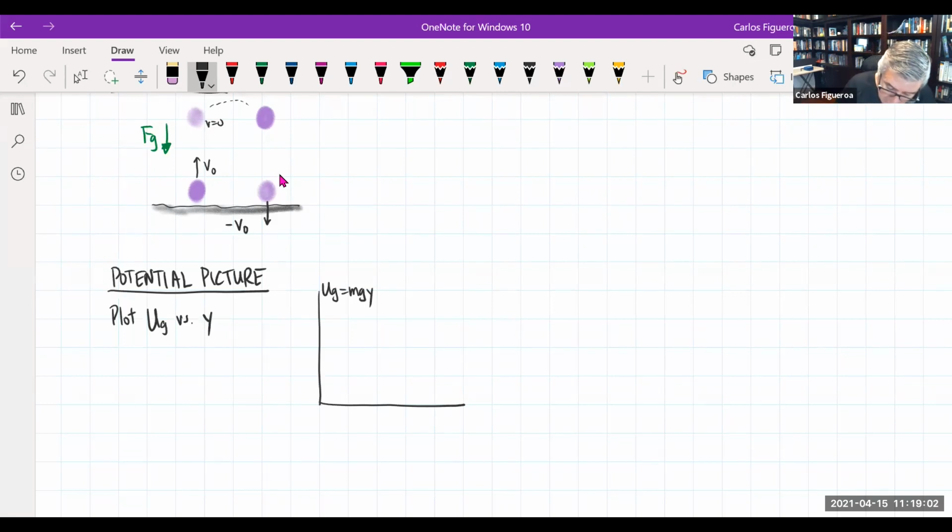And so when I look at this plot, what does this plot look like? It looks like a line, a line like this. And so what you're seeing here is that if I look at this guy right here, this guy is an incline.